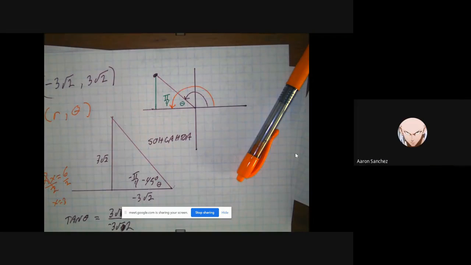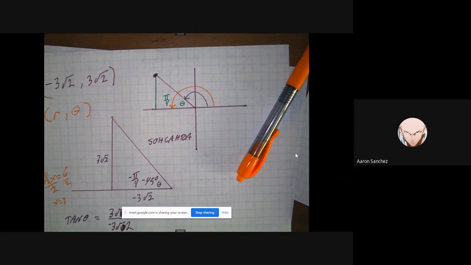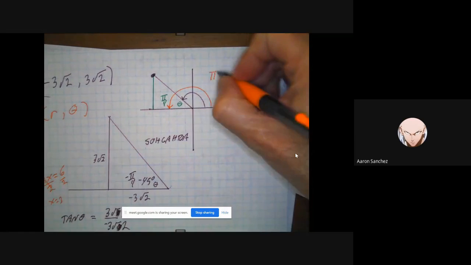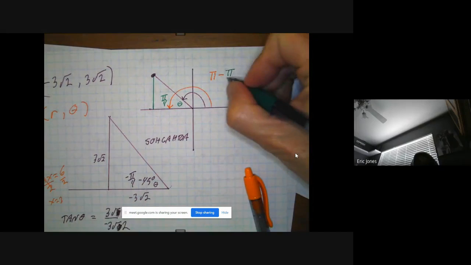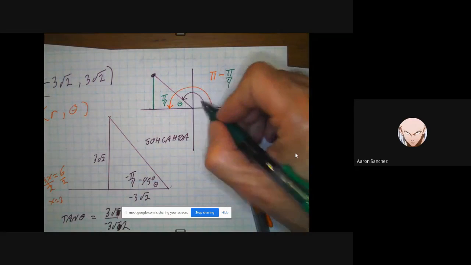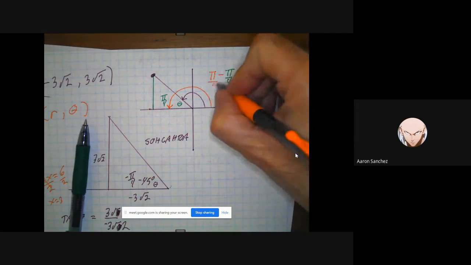180 degrees. Okay, how about in pi? It's pi. In pi, it's just pi. So it's going to be pi minus pi over 4, which will give me this angle right here, the one that we want. So let's make pi a denominator of 4.